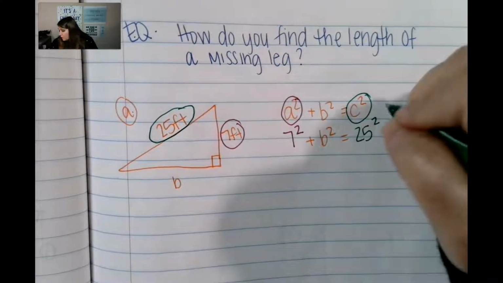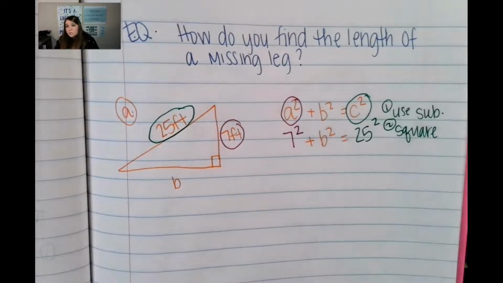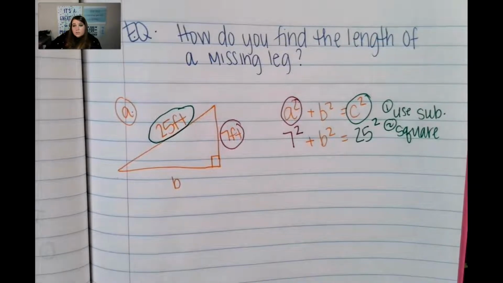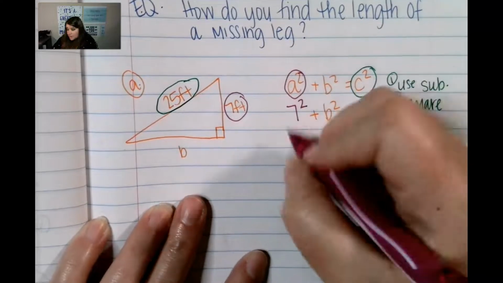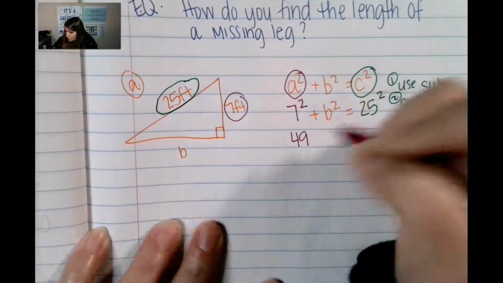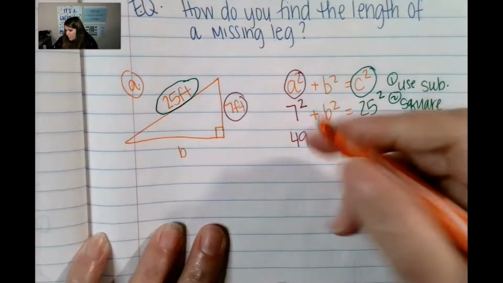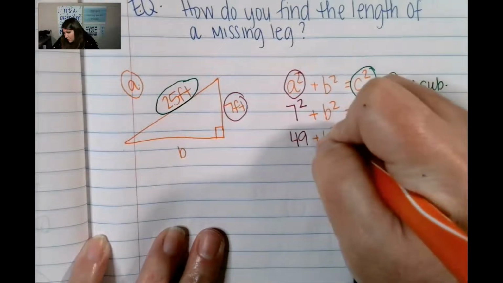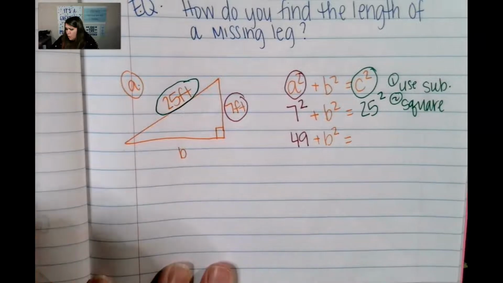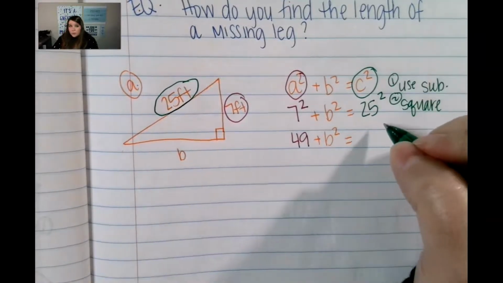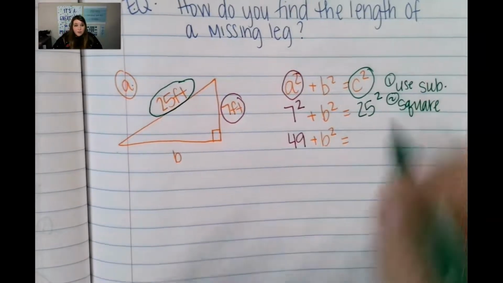So step 1, use substitution. Step 2, we're just going to square things. So 7 squared, I know 7 times 7 is 49. I still don't know what b is, so I'm just going to keep that as b squared. And I do know 25 squared. Oh my goodness, 25 squared.